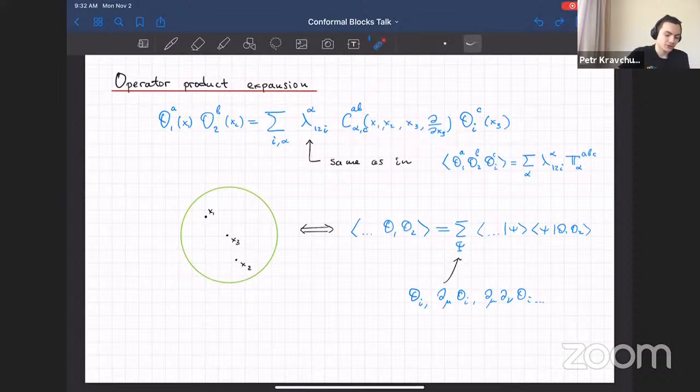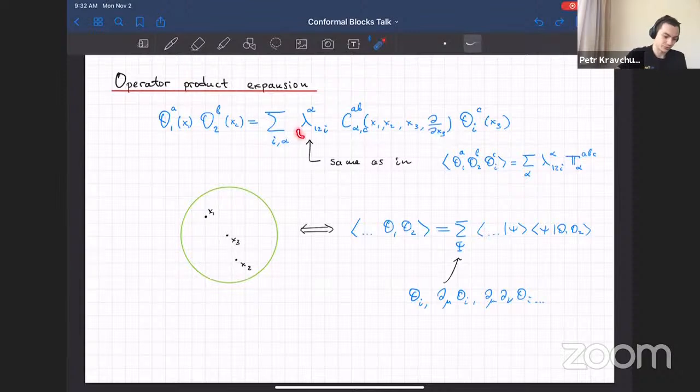This function carries a bunch of indices. There are indices A and B. There's index C, which contracts as the index of the primary. And then there is also a multiplicity index, because when you try to solve the constraints of conformal invariance for these functions, you find that there are several of them.